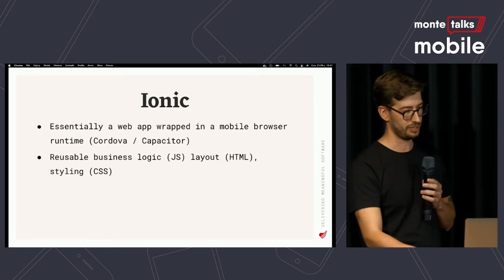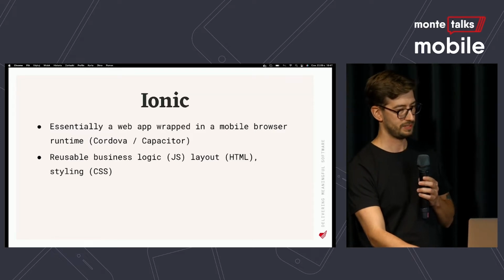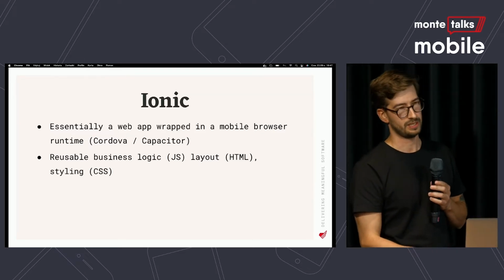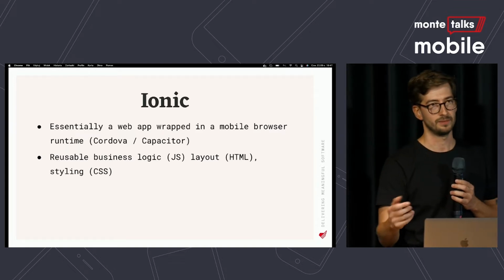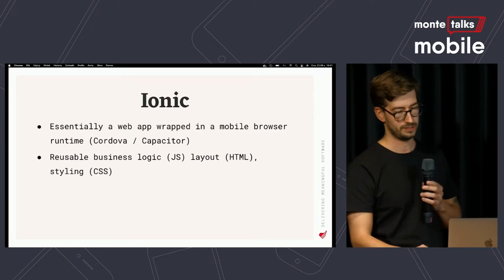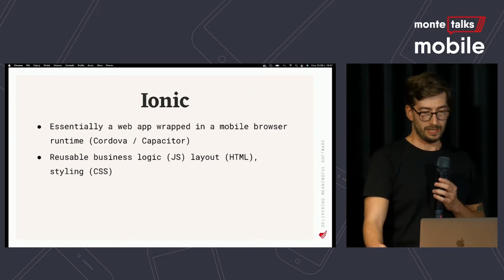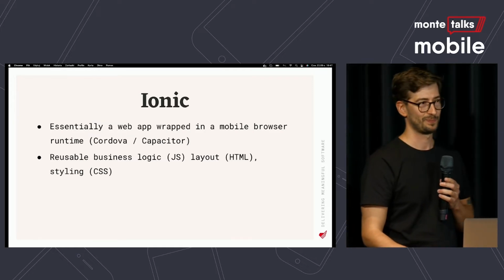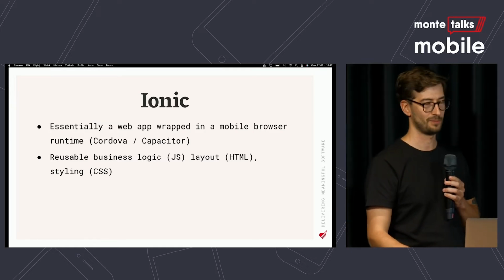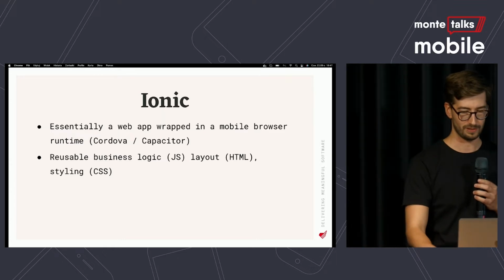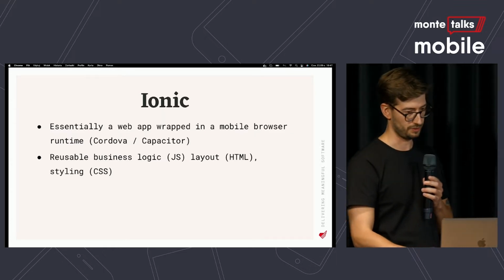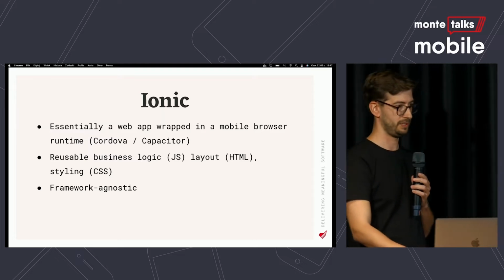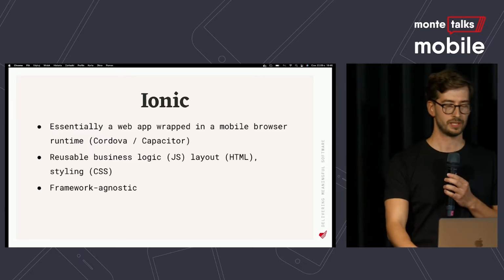Same as in React Native, we have the business logic in JavaScript or TypeScript, layout in HTML, or if we are using some web components, that is also in place, and we can use CSS. So it is really common for web developers, and it's most familiar for web developers to use Ionic. What is also really important, I believe, is that it's framework agnostic.